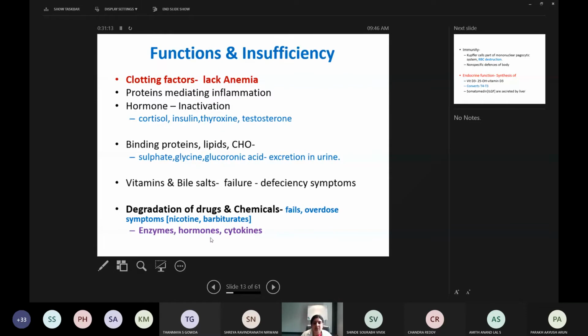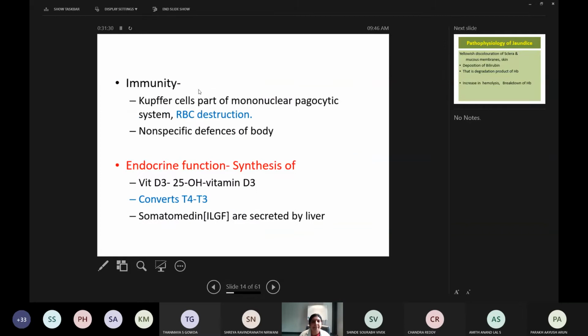Then even enzymes, hormones and cytokines are degraded in the liver, and liver insufficiency will lead to accumulation of these enzymes and cytokines. So like this, you have to correlate the functions of the liver with the insufficiency. Then in the liver's role in immunity, we have seen that the sinusoids are lined with Kupffer cells, and these are part of the mononuclear phagocytic system, nothing but the reticuloendothelial system, which was called that previously.